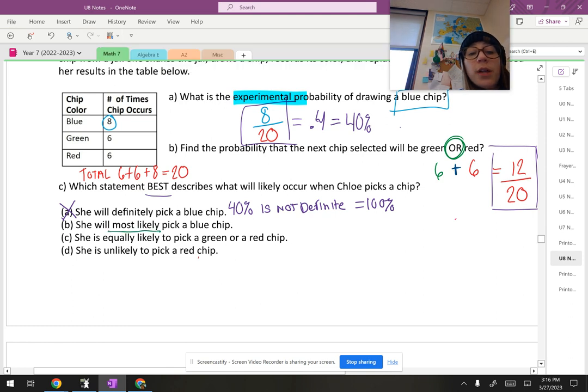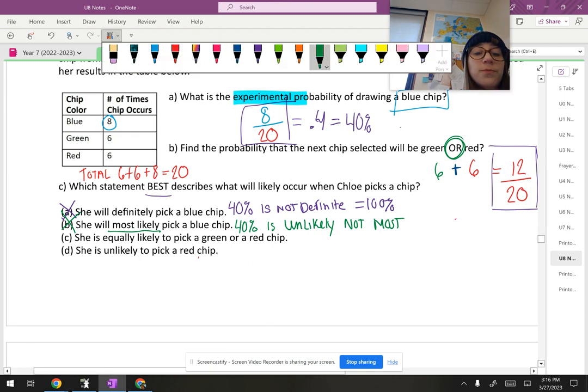So A is no bueno. She will most likely pick a blue chip. Well, 40%, which we said was a blue chip, is not most likely. 40% is unlikely, actually. Not most likely. No dice.